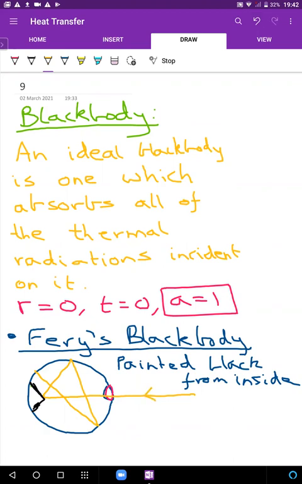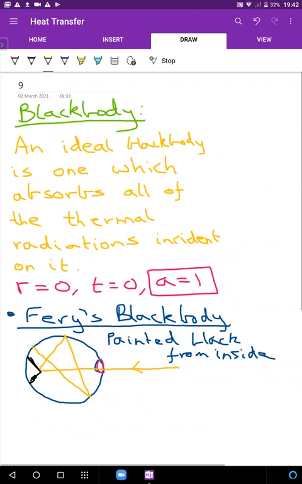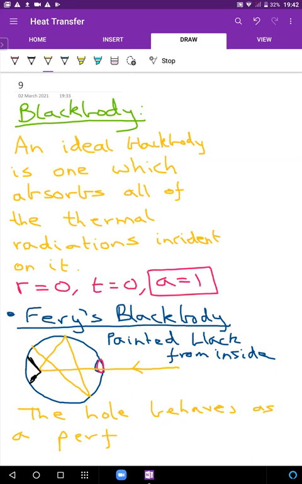Got the idea? The hole behaves as a perfect black body. I'll explain again. The hole behaves as a perfect black body, not the entire sphere.